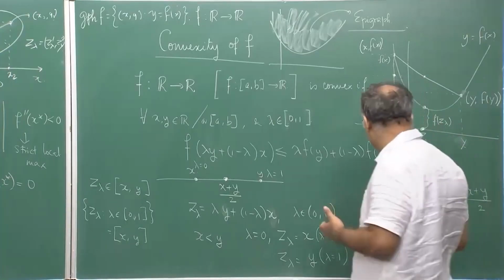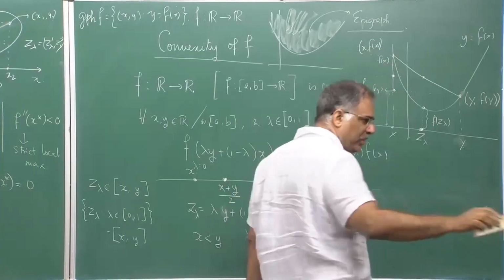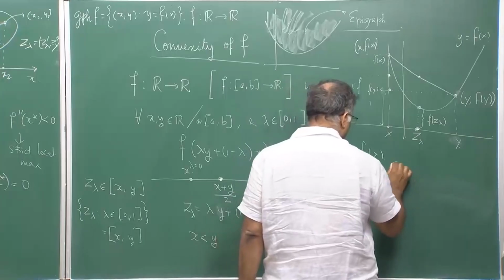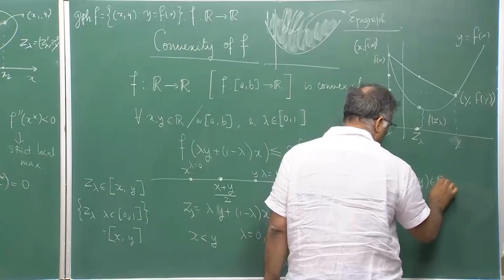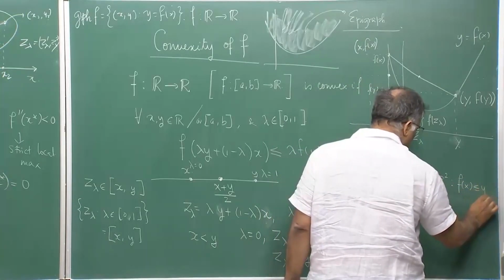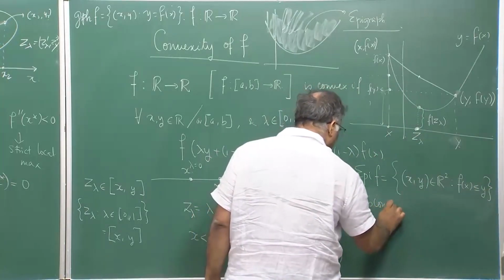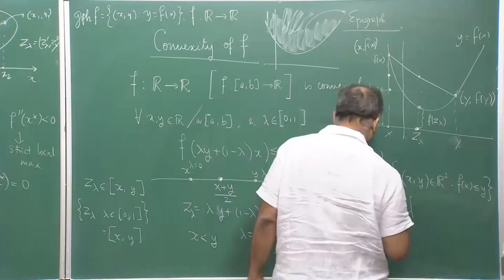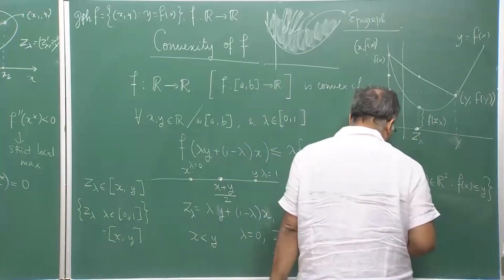So this is a very, very important statement which I want to write down here. So what is my epigraph? The epigraph of this function f is the set of points x, y in R2 such that f of x is less than or equal to y, and f is convex if I am just considering functions from R to R. We can later do it for a, b to R. You can do those extra technicalities.